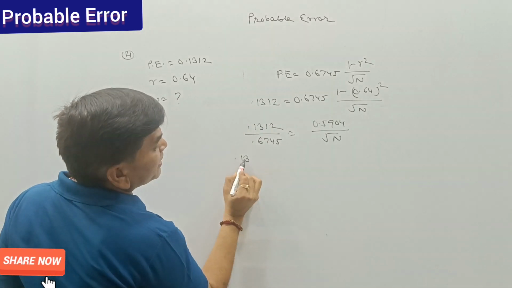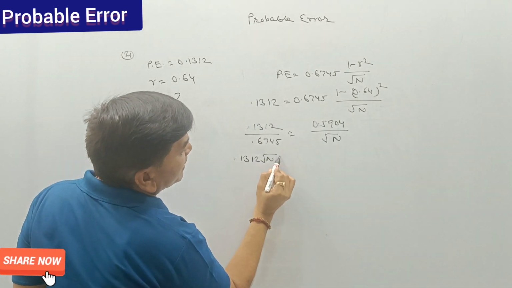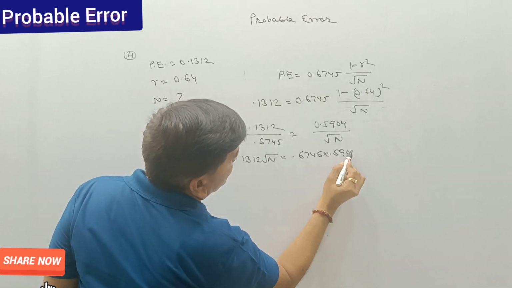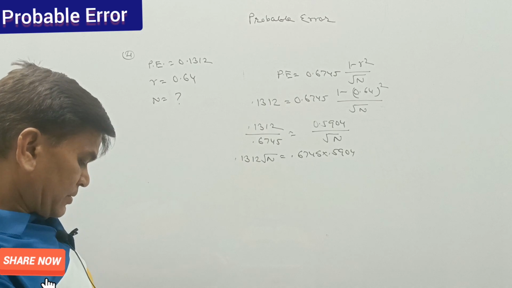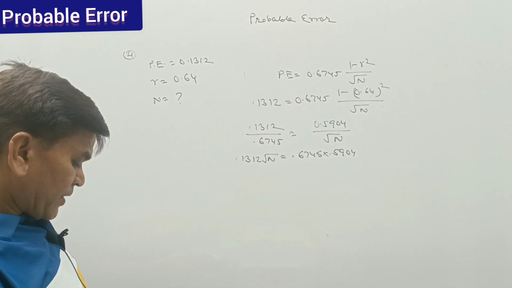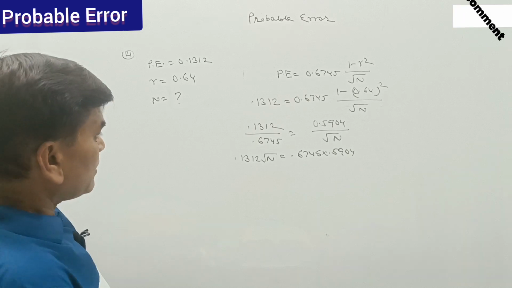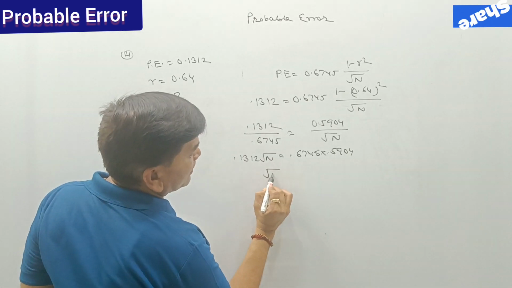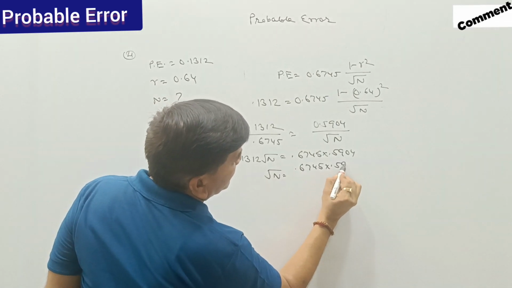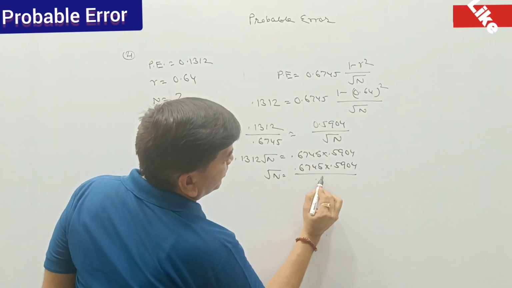So 0.1312 multiplied by root n equals 0.6745 multiplied by 0.5904. So root n is 0.6745 multiplied by 0.5904 divided by 0.1312.